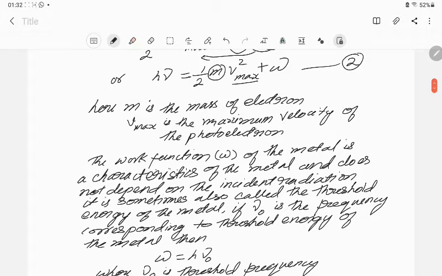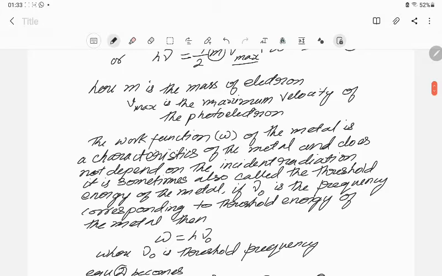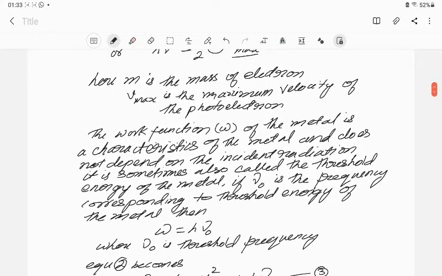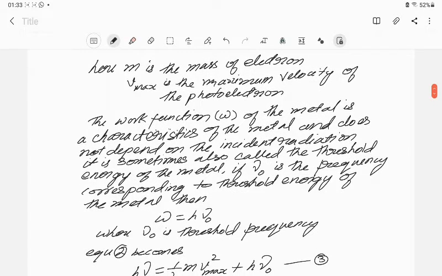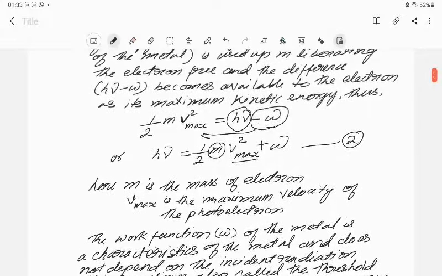Now the work function omega of the metal is a characteristic of the metal and does not depend on the incident radiation. It is sometimes also called the threshold energy of the metal.